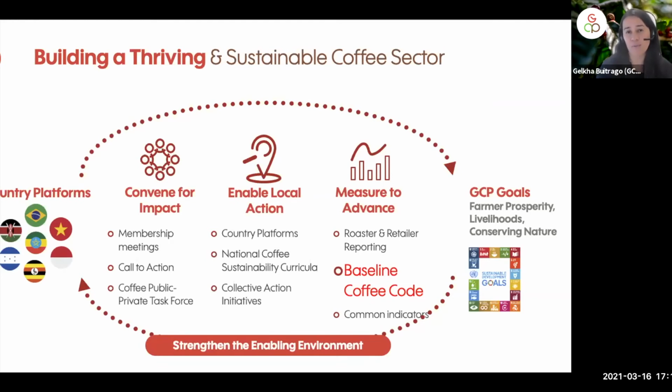These platforms are where this convening for impact happens at local level, where there are conversations about the key pressing sustainability issues and how they can be addressed. And of course, we do all that to improve and strengthen the enabling environment, and to move forward towards the goals of GCP that are farmers' prosperity, improved livelihoods, and conserving nature, and to move towards the fulfillment of the Sustainable Development Goals.